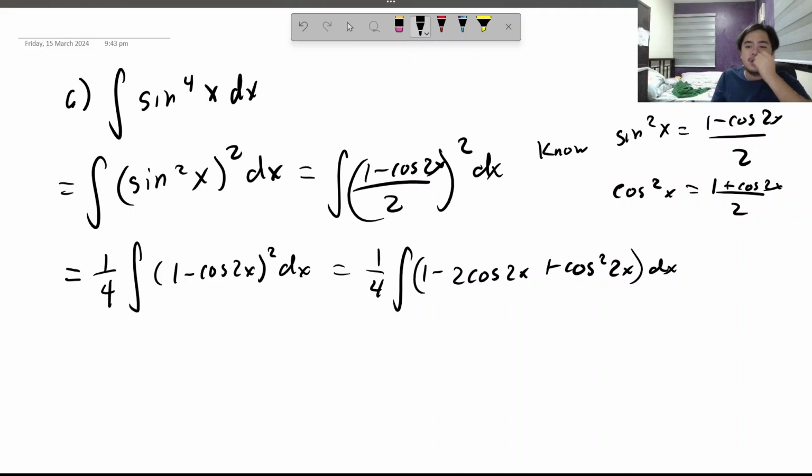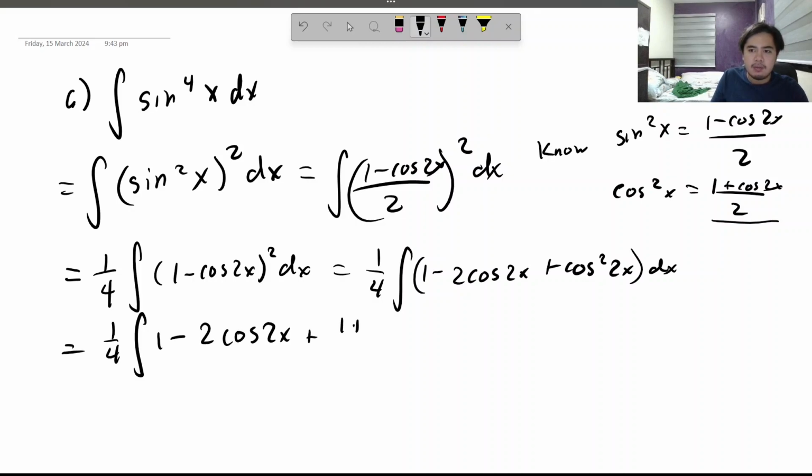So there's actually cosine squared here, so we can use that too. Let's turn this into this so we can solve it easier. So put 1/4 outside. 1 minus 2 cosine 2x plus 1 plus cosine, and the input here is 2x, so this is going to be 4x over 2. Because this is 2x, so it's double that. Double of 2x is 4x. So that's why that's 4x.